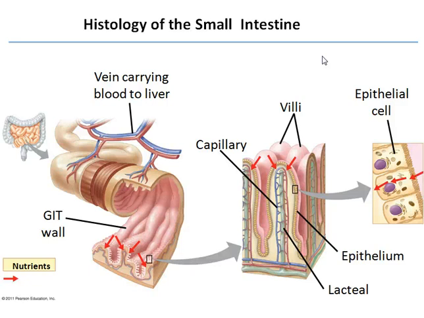Notice the underlying lymphatics and capillaries, blood vessel capillaries, through which nutrients will be picked up and transported. So if we look closely at the epithelial cells that line the villi, we notice that their cell membranes are highly folded. This also increases the surface area across which nutrients can be absorbed.